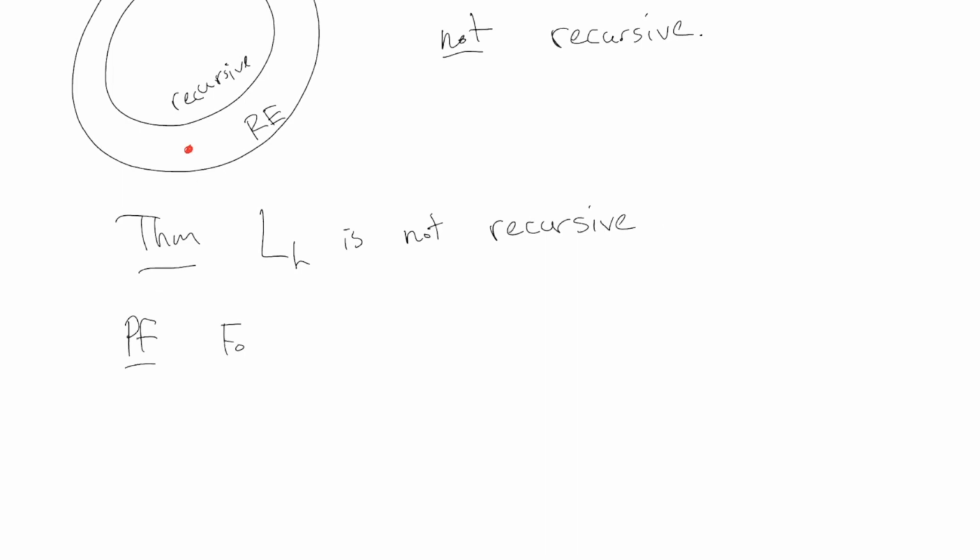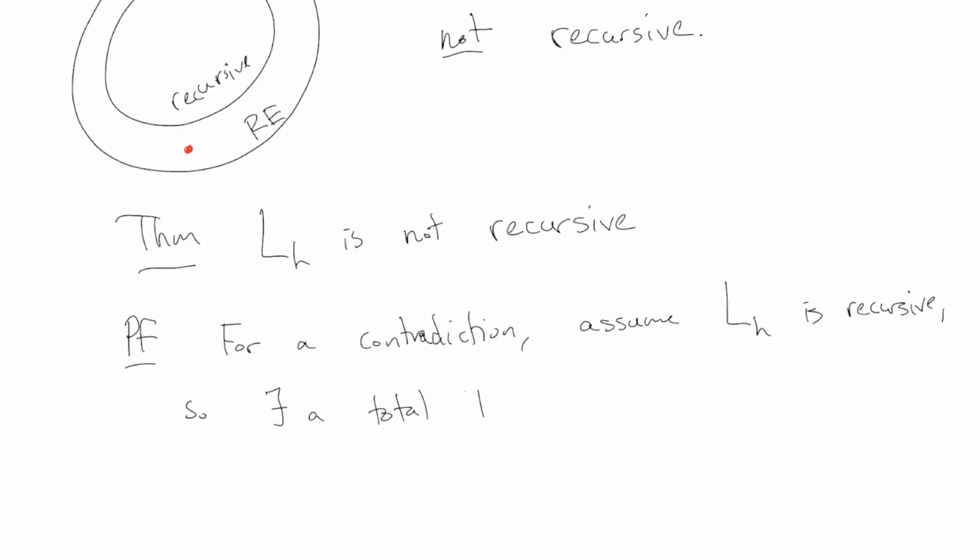So for a contradiction, let's assume LH is recursive. What that means is that there exists a total Turing machine which computes LH, right?